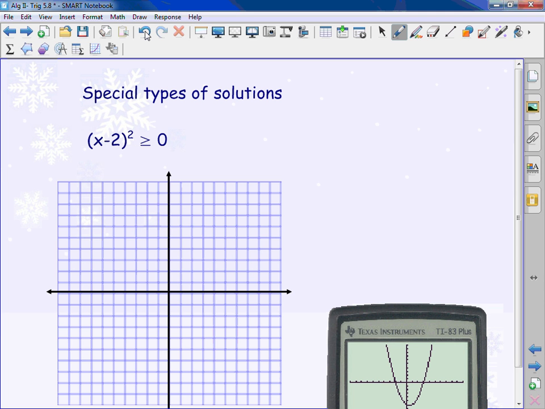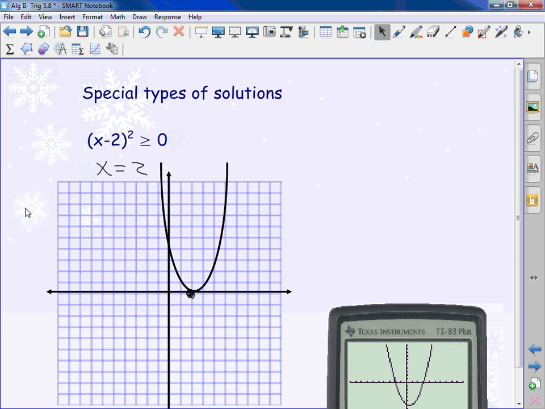Where's my x-intercepts? It's just on 2. So x equals 2. That means my only point is right there. It's not a line. It's that my u just touches in one point.